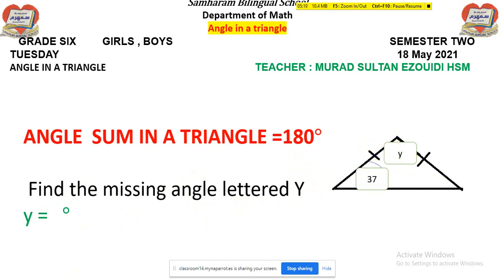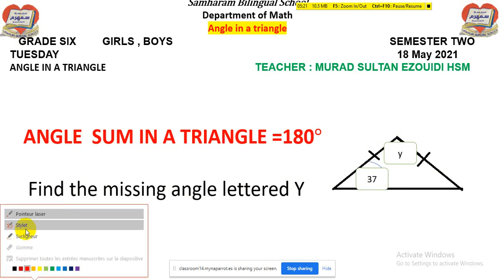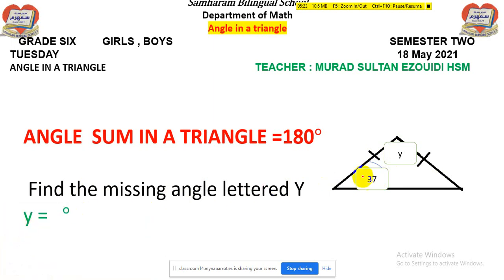I will label this as A, the vertex A, this is the vertex B, and this one is the vertex C. So here we have the triangle ABC. In fact, the triangle ABC, my learners, is an isosceles triangle.